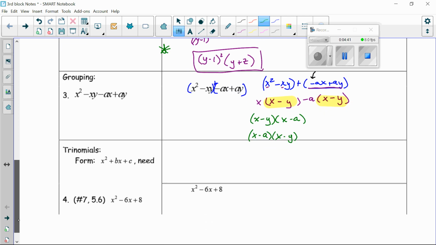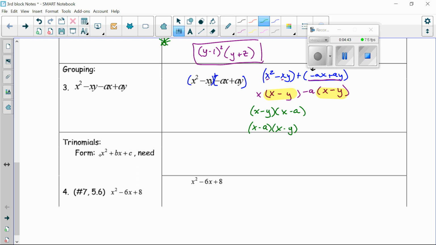For trinomials in the form of ax squared plus bx plus c, where you have a lead coefficient of 1, you need 2 numbers that multiply to c and add to b, or combine to b.